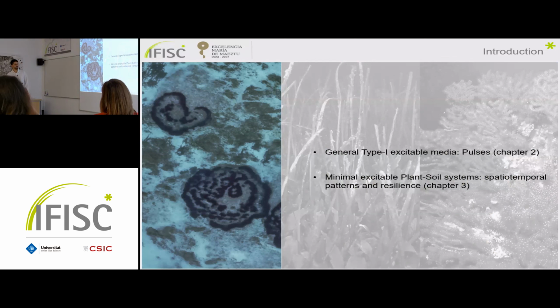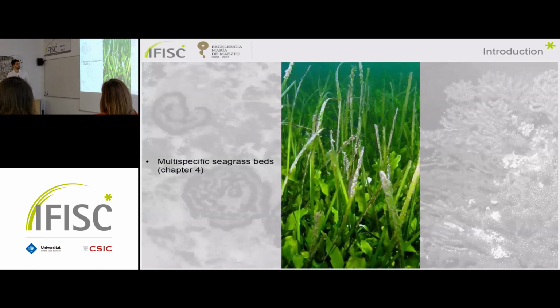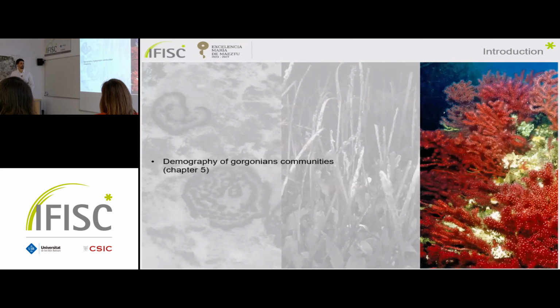Secondly, I will talk about a minimal excitable plant-soil system, where we study these spatiotemporal patterns and also the resilience of the ecosystem in this framework, that is related with chapter 3. Thirdly, I will talk about mixed meadows, multi-specific seagrass beds, that is related with chapter 4. And finally, about Gorgonian communities, which is related with chapter 5 of the thesis.